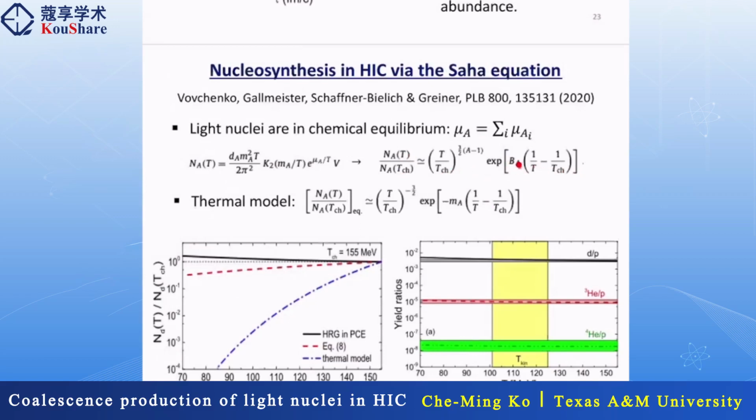There's a binding energy that is very small, so you can forget about this factor. It changes very little, because it's different from the thermal model. If you do the thermal model without the chemical potentials, then here is the mass, so that's suppressed.